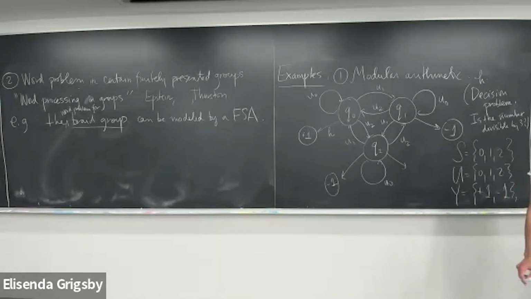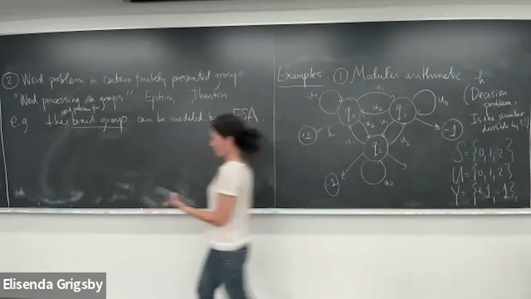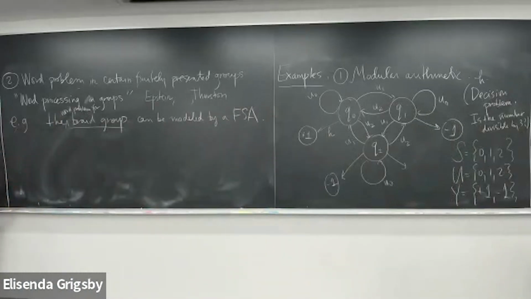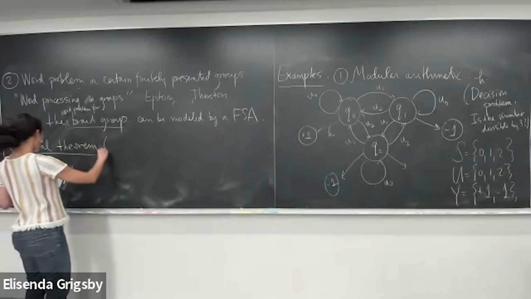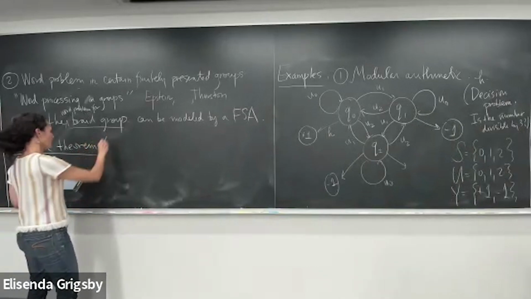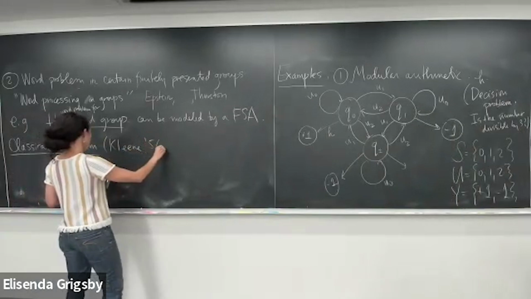Do I want to say anything else? Maybe the last thing I'll say, because I probably won't say much more about finite state automata, is a classical result in the subject. This goes back to Minsky in the 1950s.